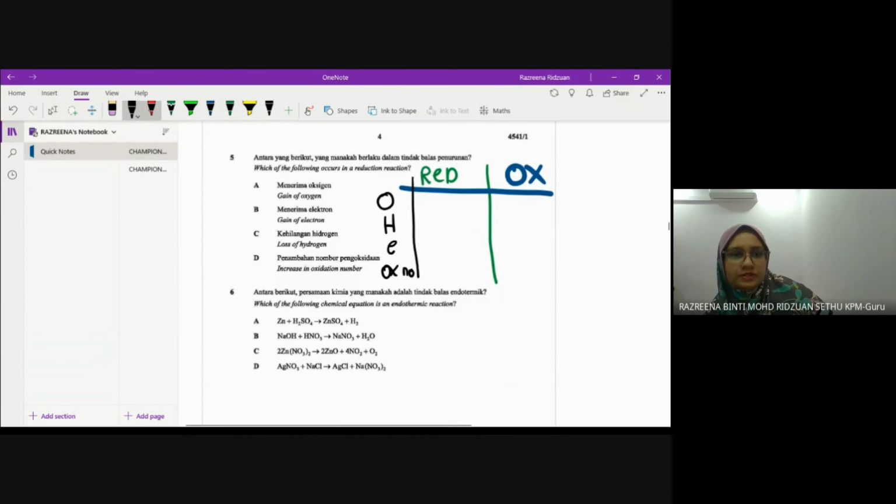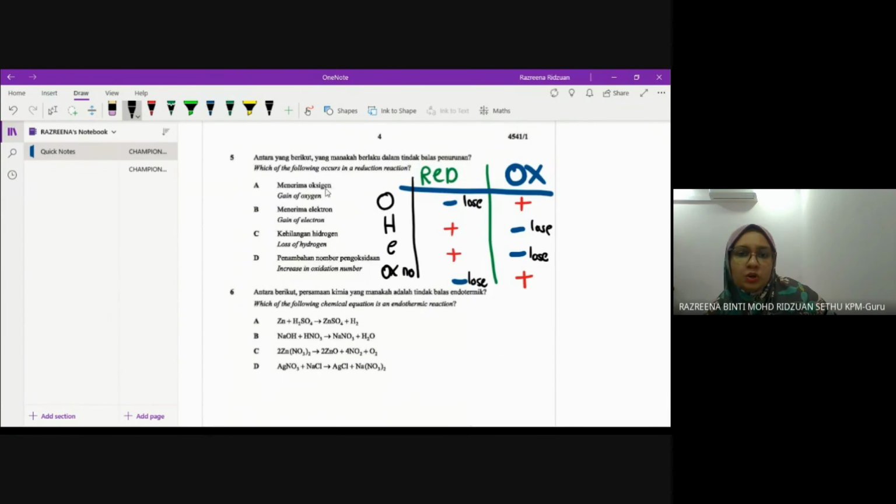In oxidation, you gain oxygen, lose hydrogen, lose electron, and increase in oxidation number. And this is the total opposite for reduction. So here means lose, this one means lose, this one means lose, this one means lose. Then the rest would be gain.